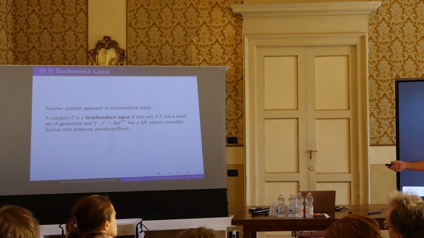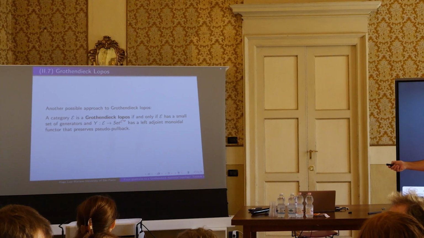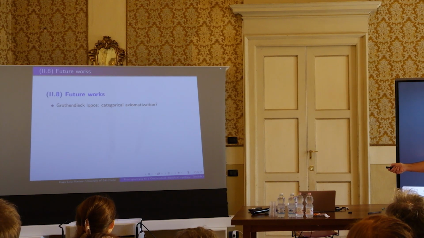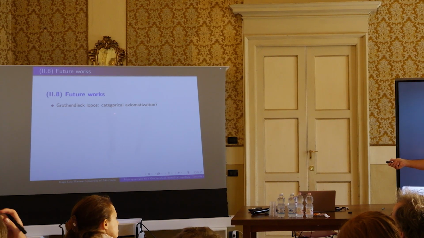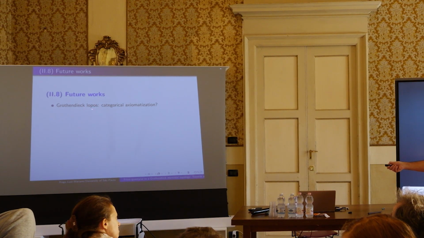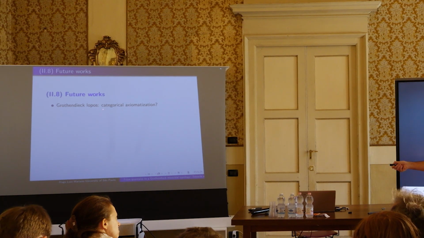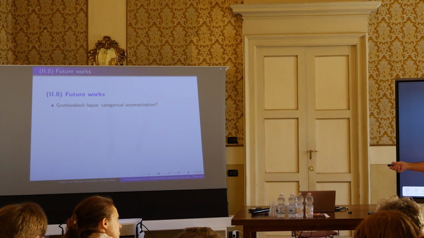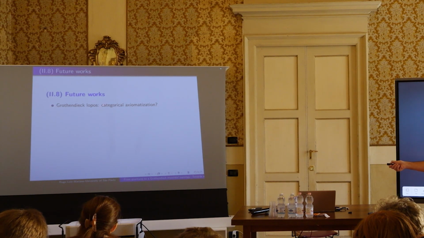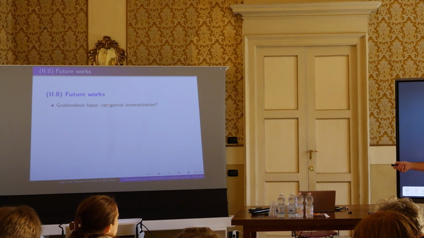I don't know if one thing implies the other in general. So for future work, we intend to continue the exploration of the properties and provide some possible categorical axiomatization, not in the Giraud sense, but in the Giraud spirit.